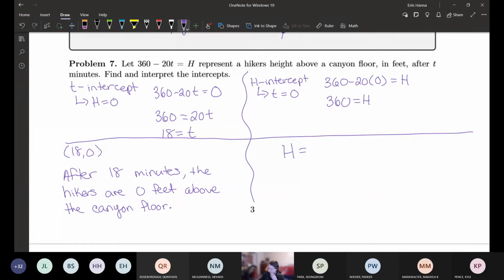What we've got here, so we've got our function here. Notice that the h is by itself and that the t is the thing that's inside of a bunch of other hoopla, right? So if you think about it, when we usually have a function, it's usually y equals f of x, right? So the y would be by itself and the x would be somewhere in a bunch of other stuff.